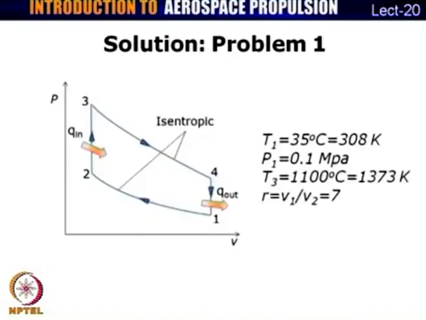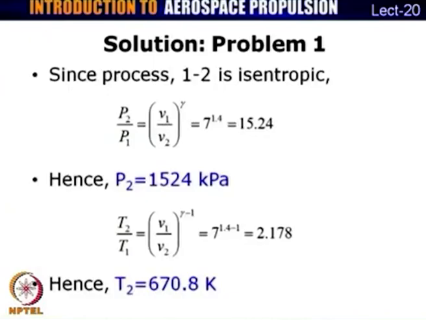So, now we have determined the pressure at this point from the isentropic relation. Once you know the pressure, you can also find the temperature at station 2 from the compression ratio. Again using the isentropic relation, we have T2 by T1 is equal to V1 by V2 raised to gamma minus 1.